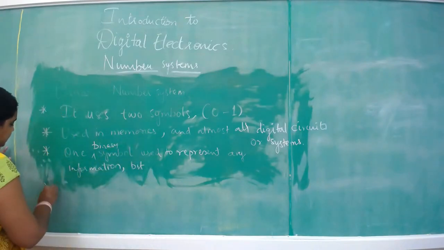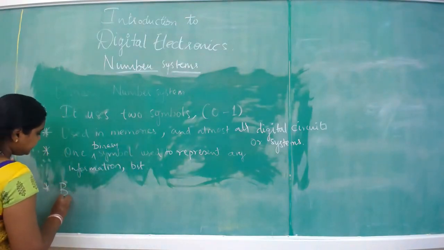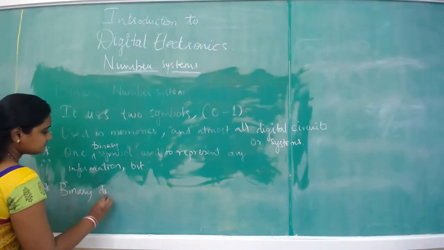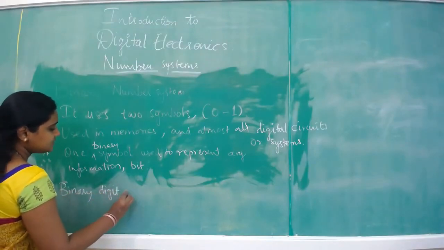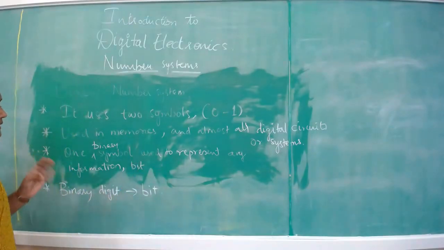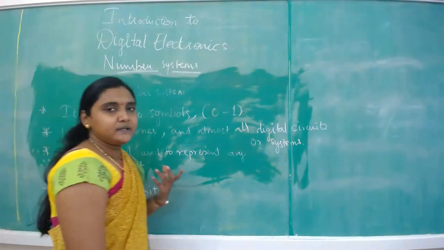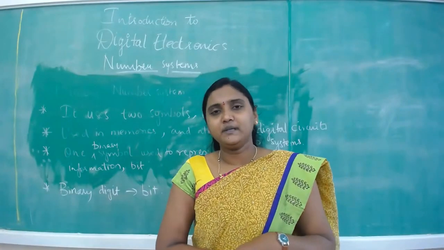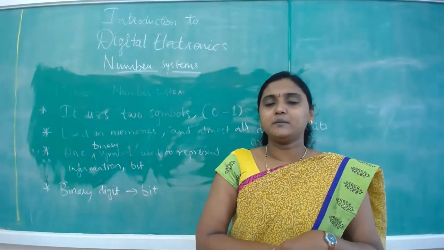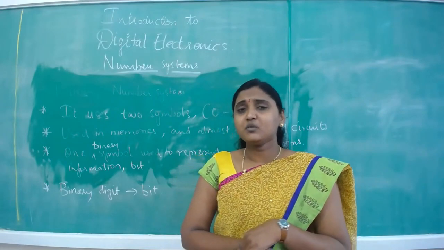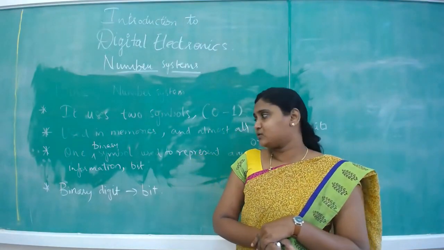Okay, this bit is also called a binary digit, termed as BIT, bit. All these terms, bit and byte, you must have heard in your day-to-day life, where you use byte to represent the memory of your mobile, or the memory of your SD card or microchip and all.